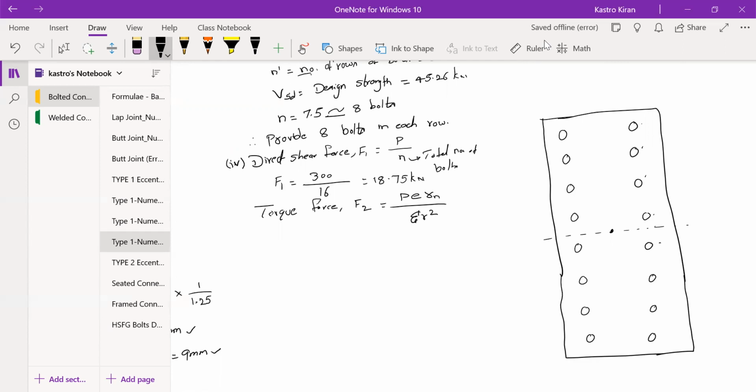Okay. Now, I said Rn. So here P value, E value, you can keep aside for the time being. Let's find out the value of Rn.